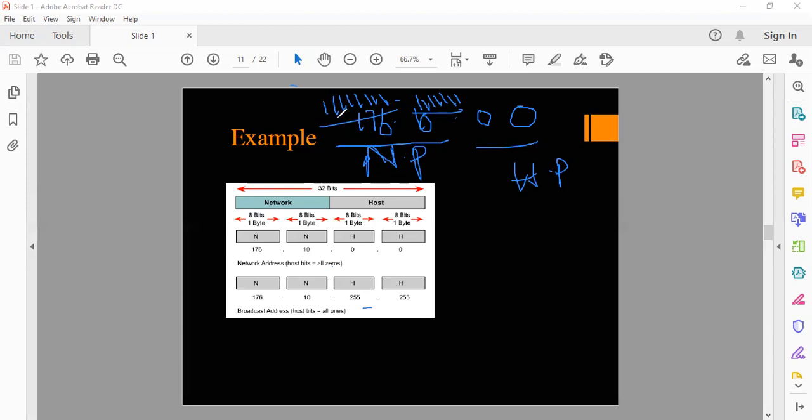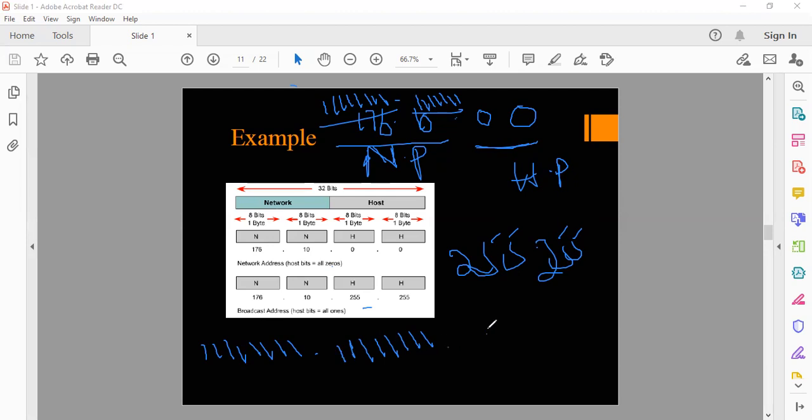If it is all 1s, then its value becomes 255, while the host portion will be 0. Suppose we have 1 1 1 1 1 1 1 1 in this first octet, then the second octet, it is class B.